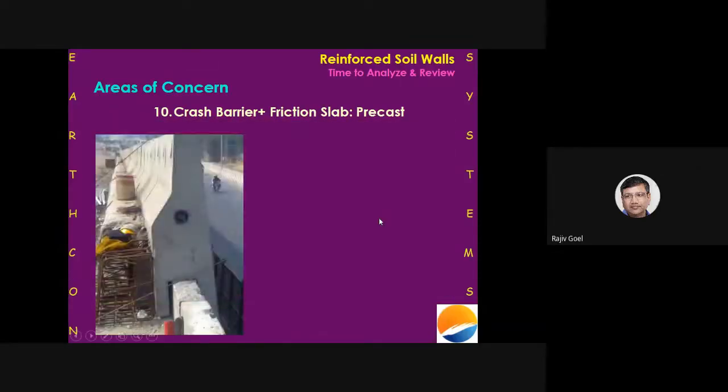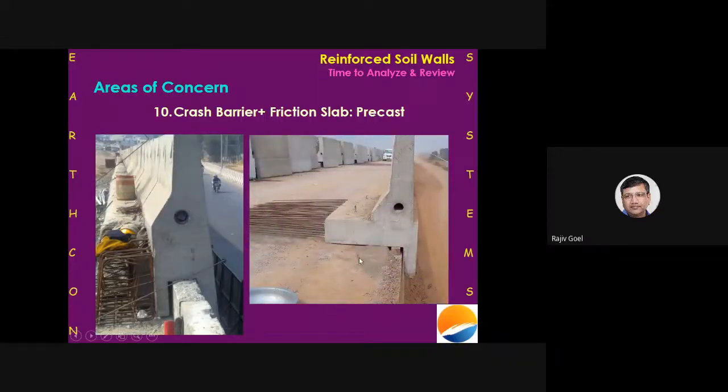Moving further, I think this slide I've already shown you, that since this piece is not stable by itself, you are deriving the support from the fascia panel, which is absolutely incorrect. If they had used turnbuckles here, then this piece was stable without deriving the support from the panel here.